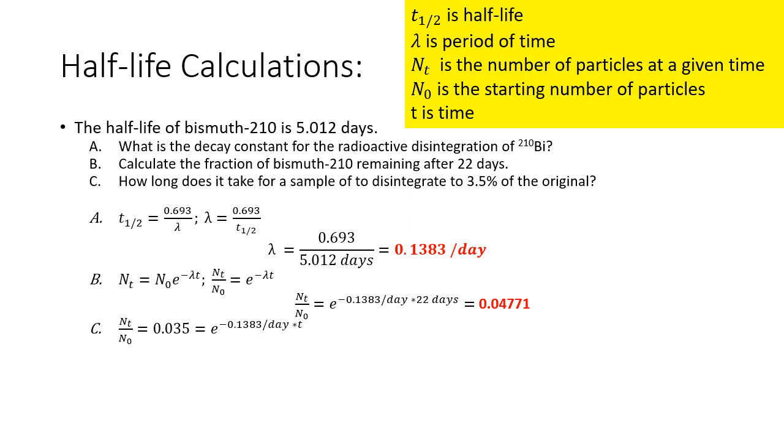So we put in our e, we put in our lambda, and we're going to do a little bit of algebra here. At this point, we know that we have to take the natural log of both sides, and then we have to solve for t. And I get 24.24 days. Takes 24.24 days to get down to 3.5%. So it should be more time than it takes to get to the 4.7% we calculated earlier, and it is, so that made sense. Hooray, it works.